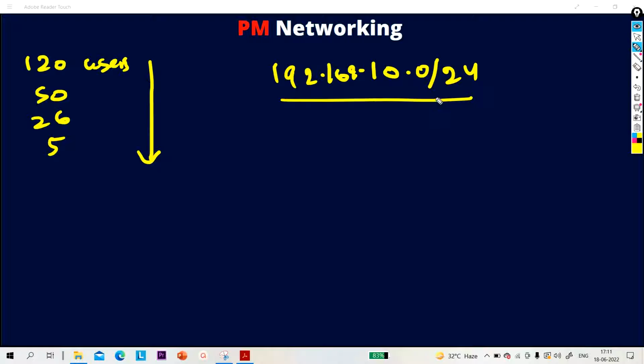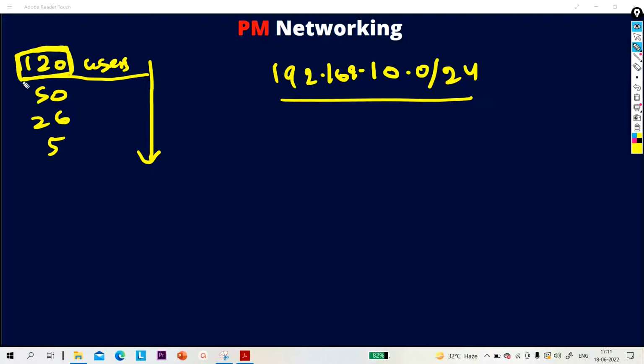So first of all, I will perform VLSM for department 1, right? For which segment? For the segment where we need the highest IP addresses. So you can see in department 1 we need the highest number of IP addresses.